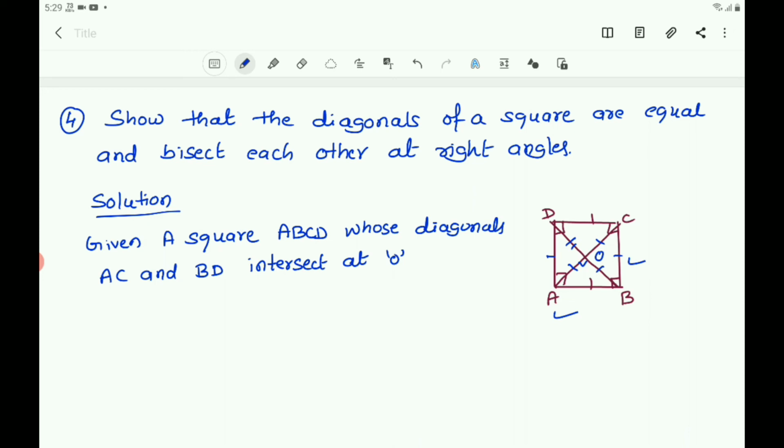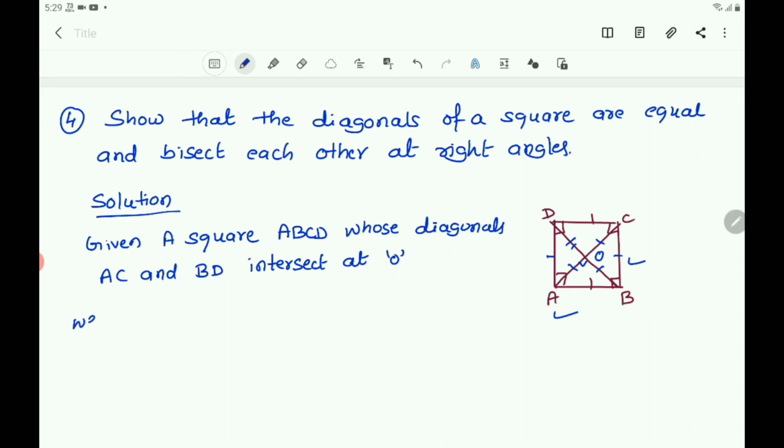And first you know the properties of a square. What are the properties of a square? All sides are equal, and all angles are equal to 90 degrees. So what you have to prove here?